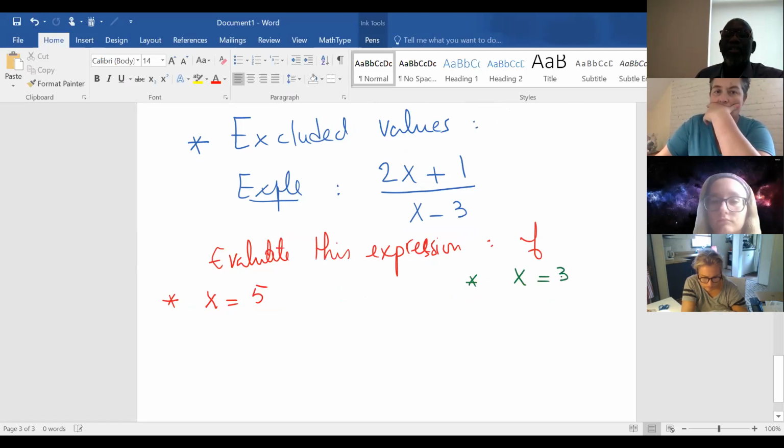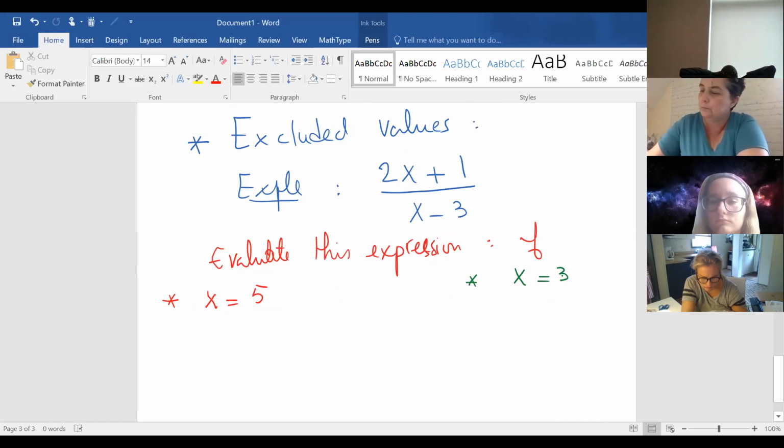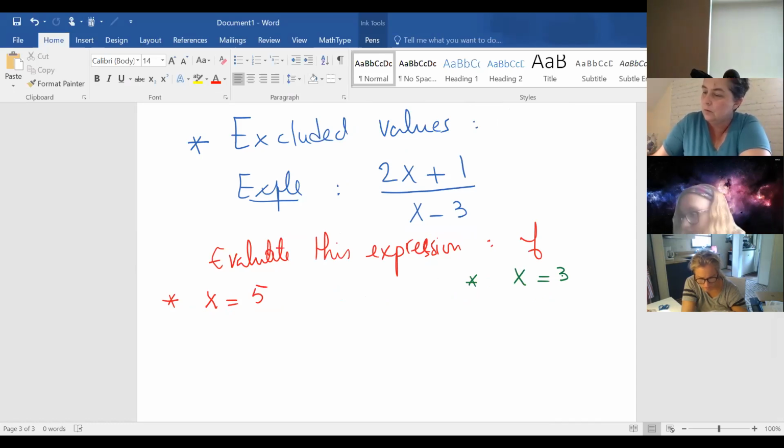How much is this expression when x is equal to 5 and when x is equal to 3?